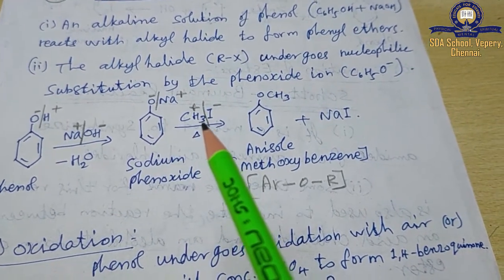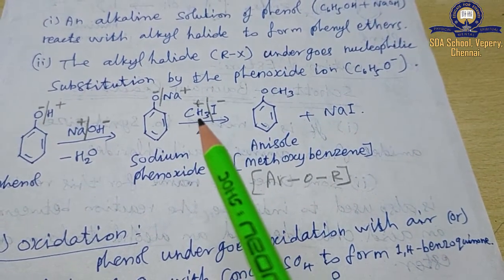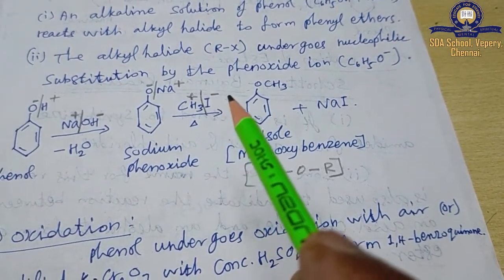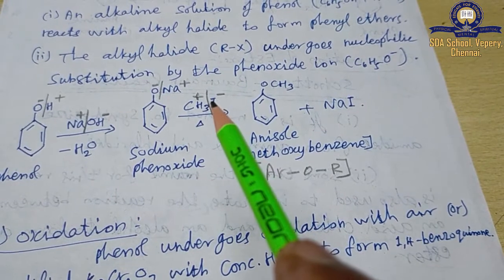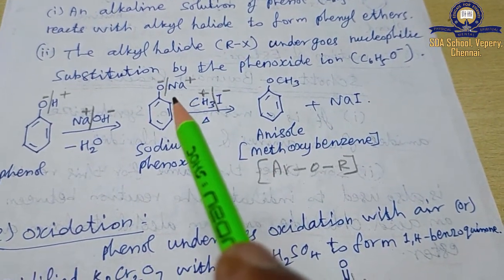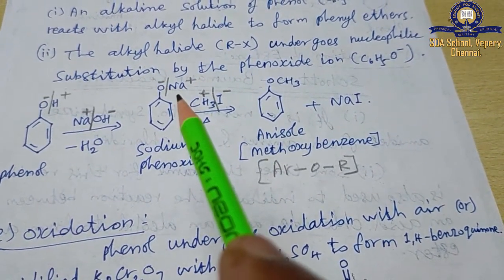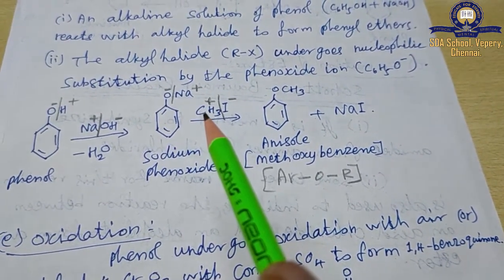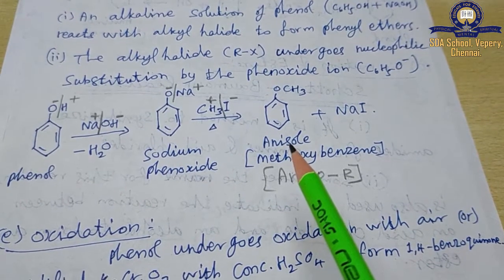In this alkyl halide, the methyl group is the positive ion and iodide is the negative group. So the negative iodide group is called the nucleophile. Now this Na+ is replaced by the methyl group, giving you anisole.